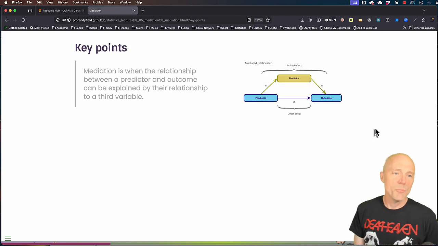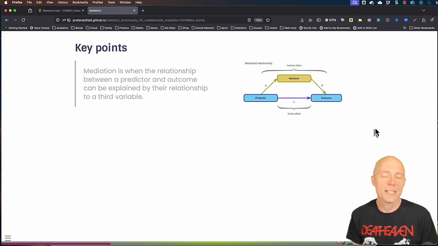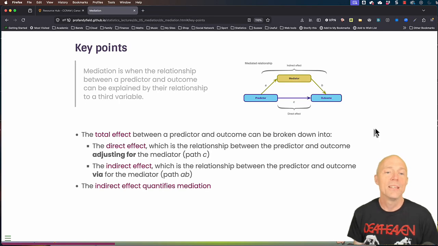So just to recap the key points, mediation is where the relationship between a predictor and outcome variable can be explained by their relationship to a third variable. And the key terms we have here, the total effect is the overall effect of a predictor on an outcome. And we break that down into two parts. The direct effect is the part of the relationship between the predictor and outcome that is adjusted for the mediator.